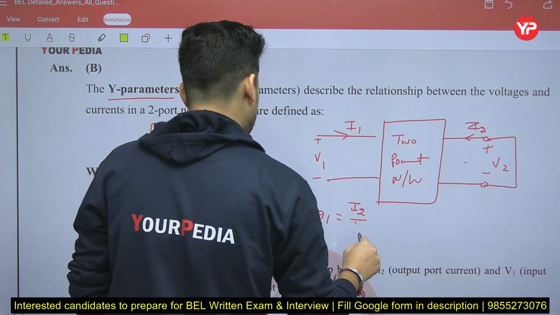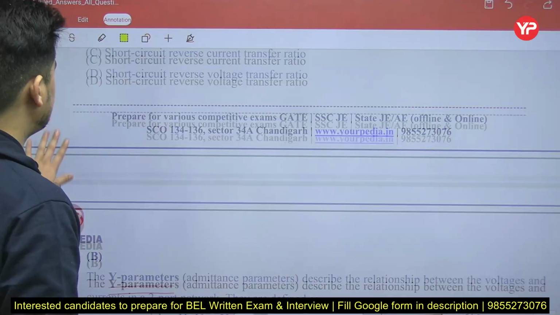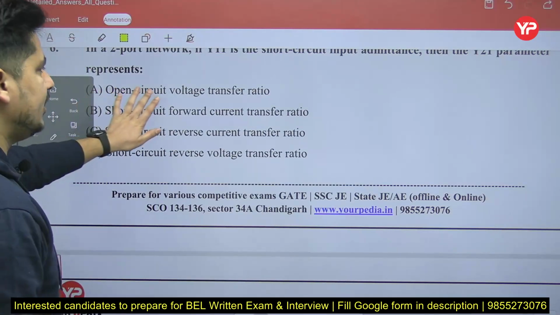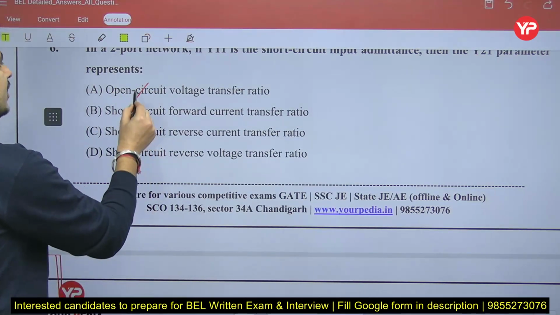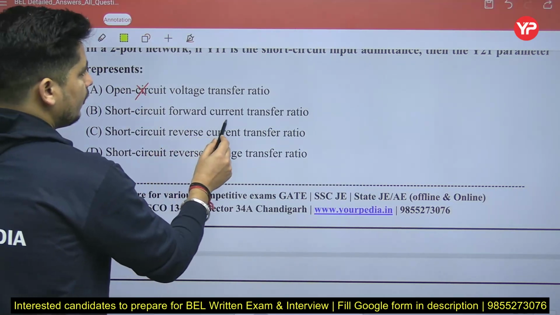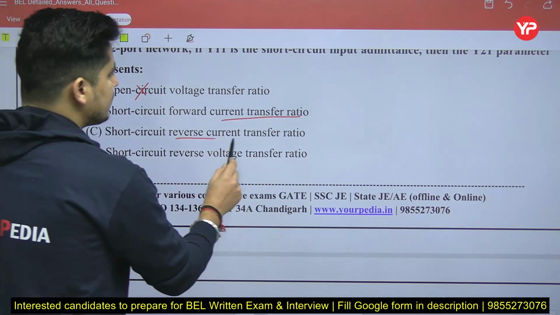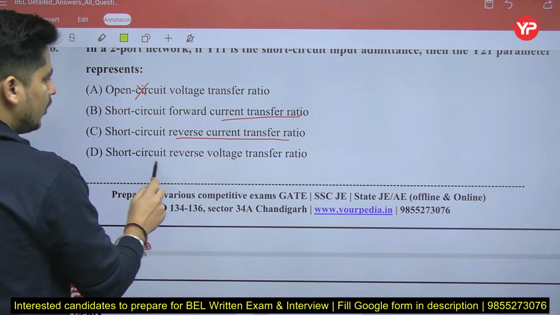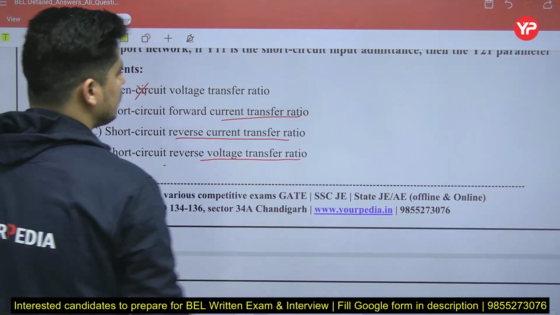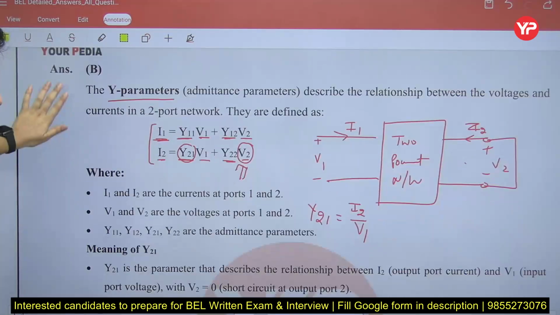I2 by V1. So let us move to the options. What he is saying, open circuited, no, that is not open circuited, that is short circuited. Short circuited forward current transfer ratio, short circuited reverse current transfer ratio, short circuited reverse voltage transfer ratio. So if I am talking here, what is this?